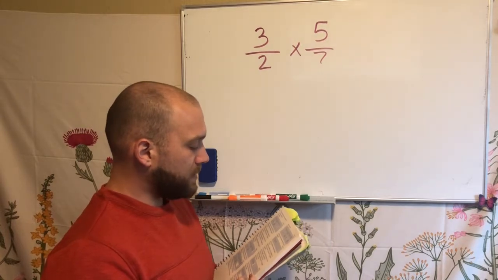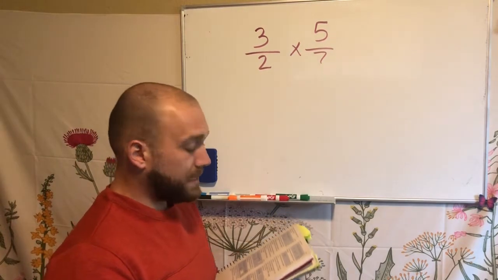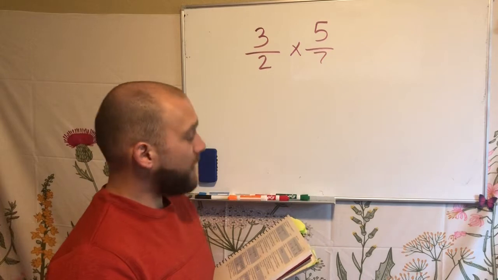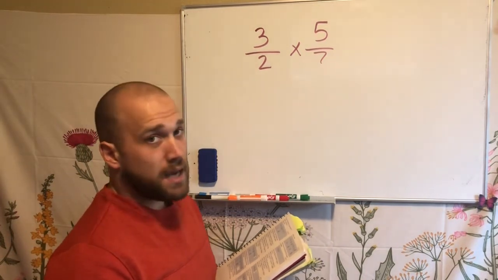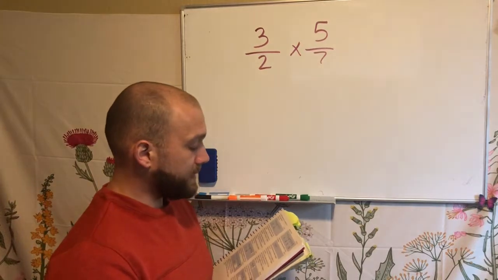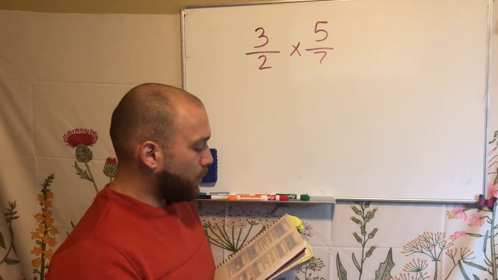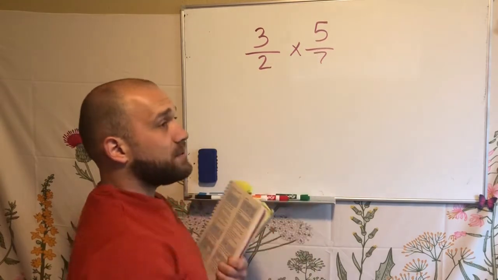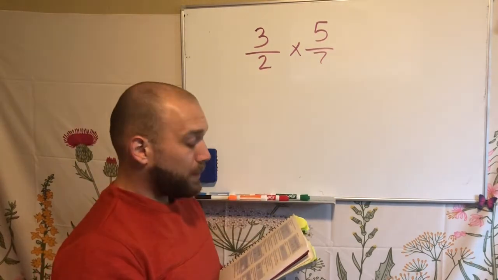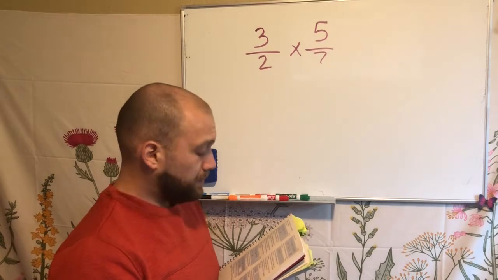Is 5/7 more than 1 or less than 1? 5/7 is less than 1. It's not a top-heavy fraction. That's why it's less than 1. So do you end up with more than 3 halves or less than 3 halves when you multiply it by 5/7? You end up with less than 3 halves.